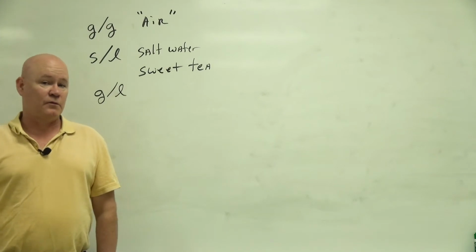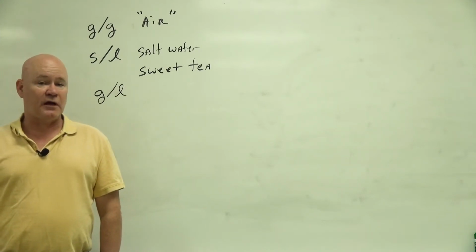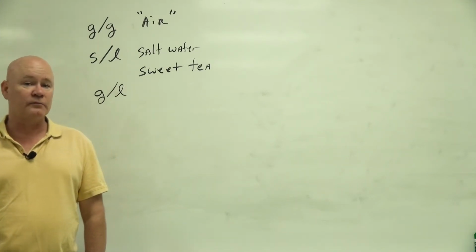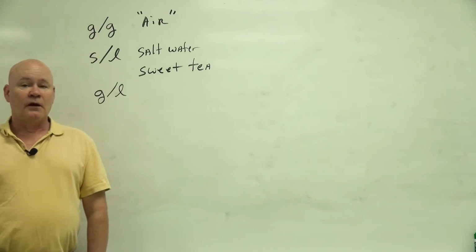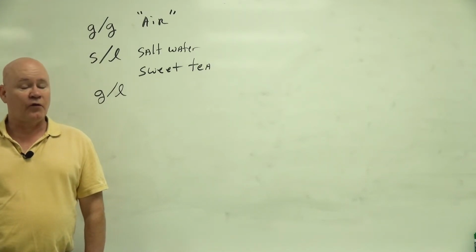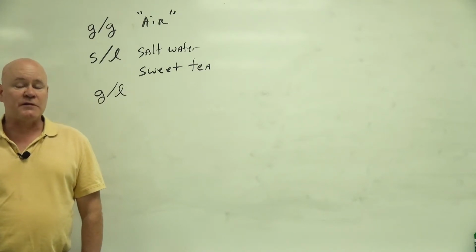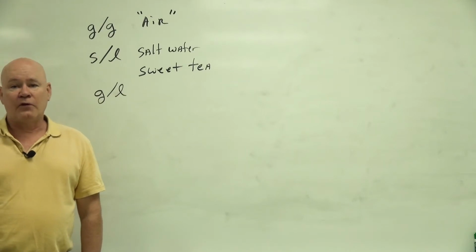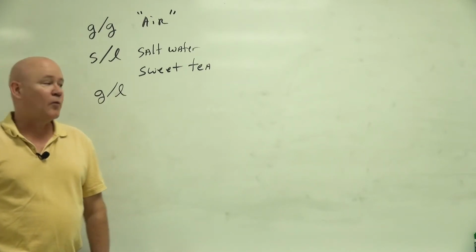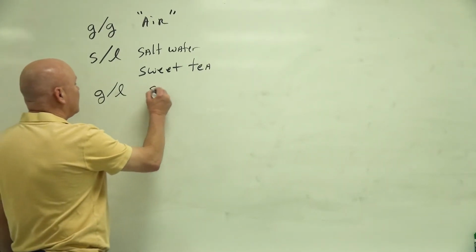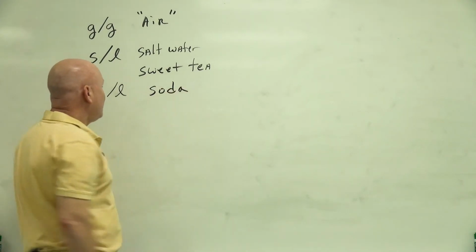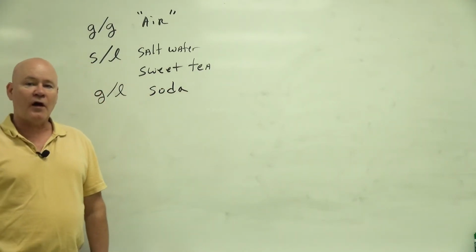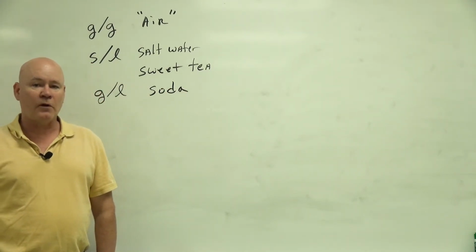Can you think of a solution that's a gas dissolved in a liquid? If you look at soda, that's exactly what soda is, a Coke or a Pepsi or whatever. The fizz is carbon dioxide gas dissolved into the liquid water, which is what soda mostly is. So soda is CO2, carbon dioxide, dissolved in water.